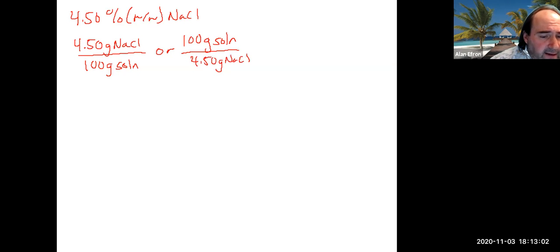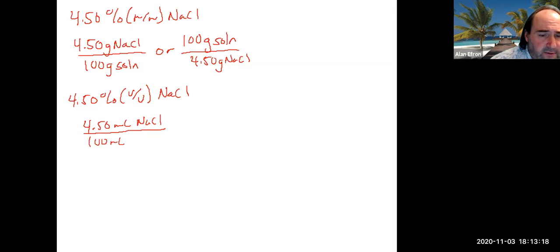And you could do that for any of these percent concentrations. 4.5% volume to volume sodium chloride would mean that you have 4.5 milliliters of sodium chloride in 100 milliliters of solution, or in 100 milliliters of solution, you've got 4.5 milliliters of sodium chloride.